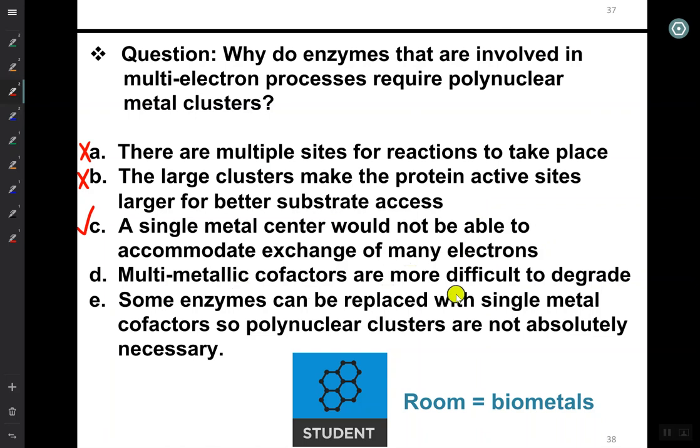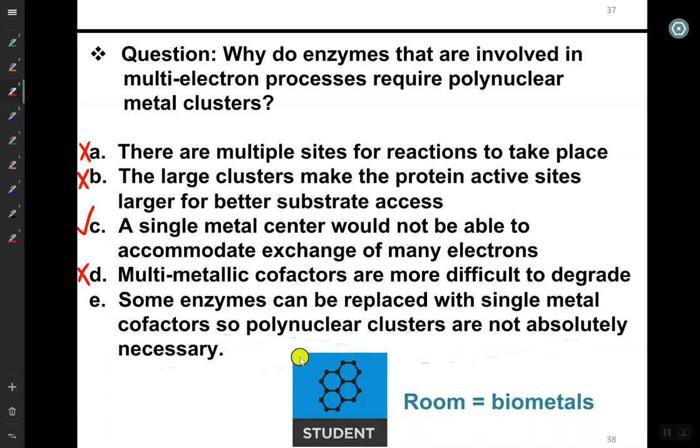Multi-metallic cofactors are more difficult to degrade. I don't know if that's true. I think a lot of monometallic cofactors are pretty stable in the biological environment. Some enzymes can be replaced with single metal cofactors, so polynuclear clusters are not absolutely necessary.